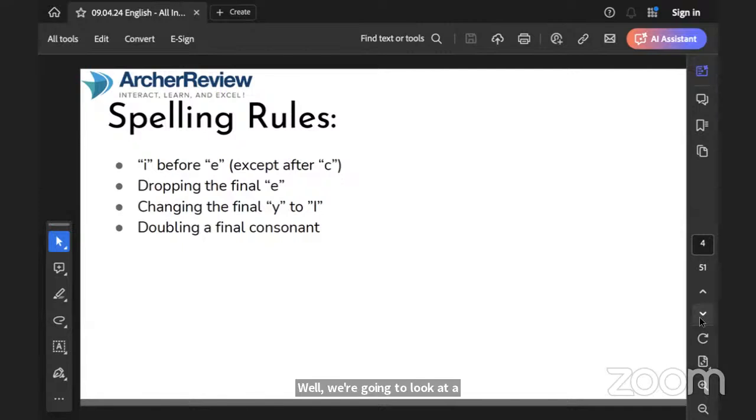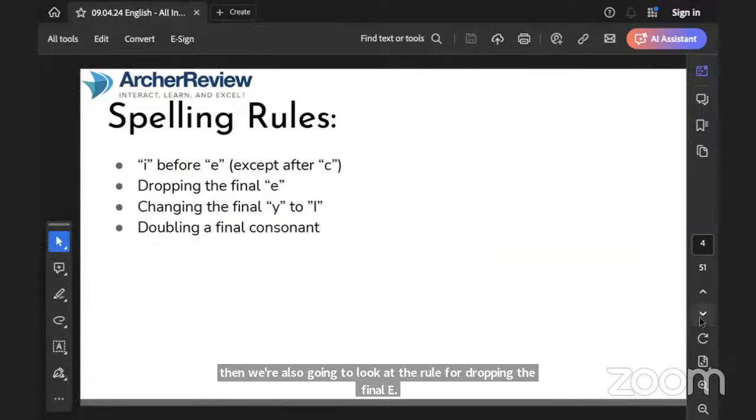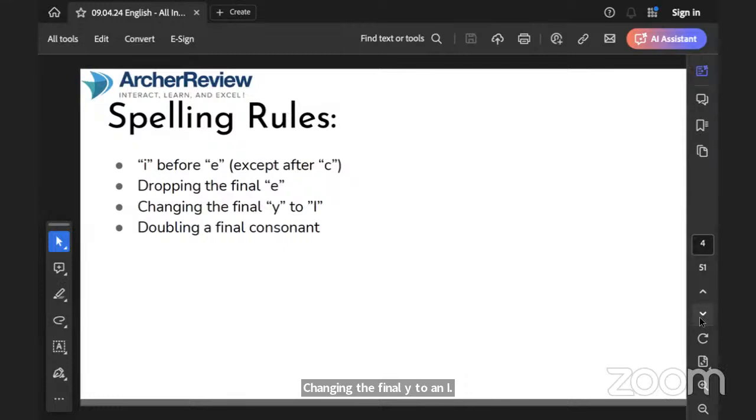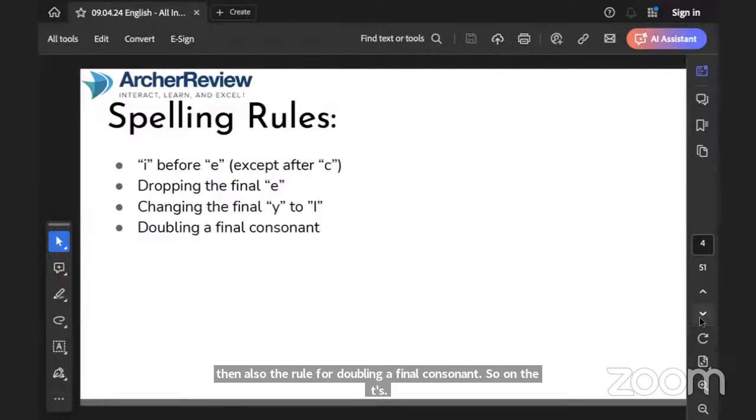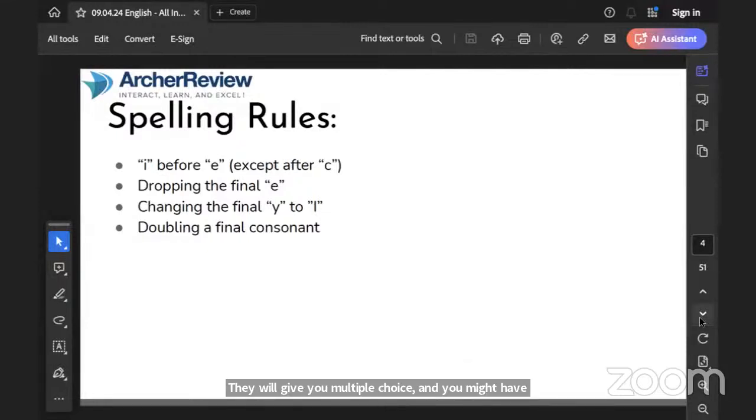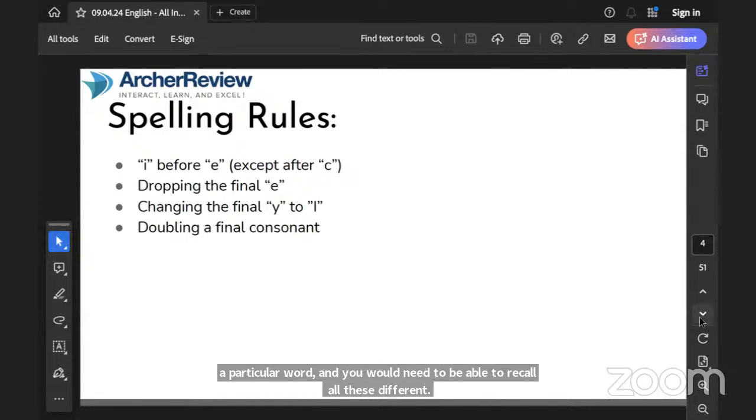And then we're also going to look at the rule for dropping the final E, changing the final Y to an I, and then also the rule for doubling a final consonant. So on the TEAS, they will give you multiple choice, and you might have to identify the correct spelling of a particular word, and you would need to be able to recall all these different rules and exceptions for spelling.